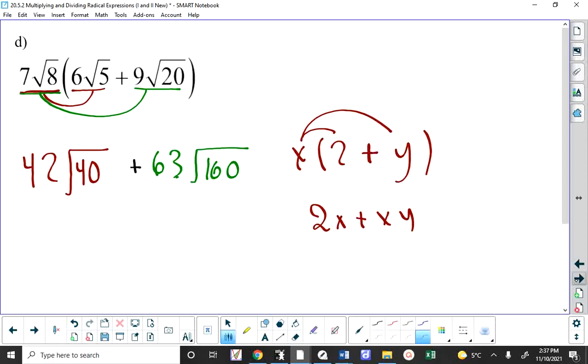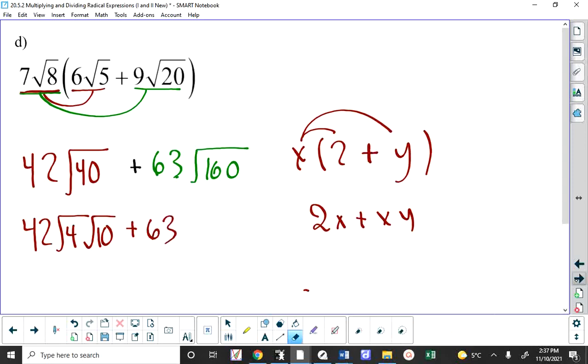We would write 42 root 4 root 10. I am not, for something as simple as root 40, going to write it as root 2 times 2 times 2 times 5. I'm not going to do that. Even for something like 160, I can see 16.